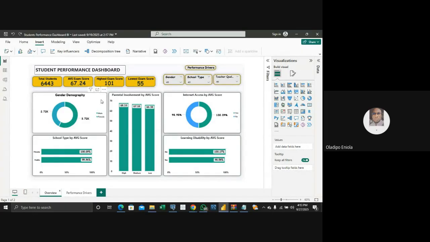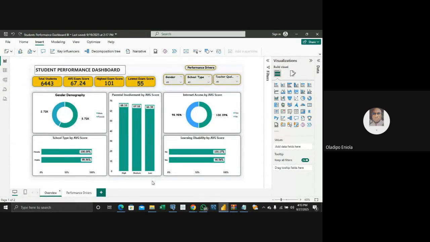Nice slides, and I think the slices that you have are well placed, and it's looking good. But is this not the color where you have internet access by average score? Yes, internet access by average score.